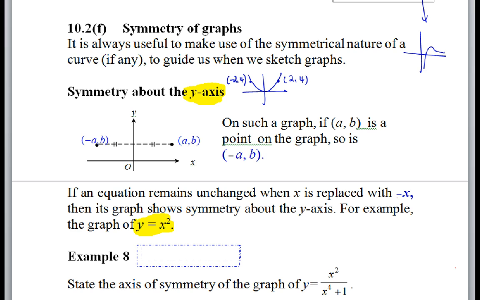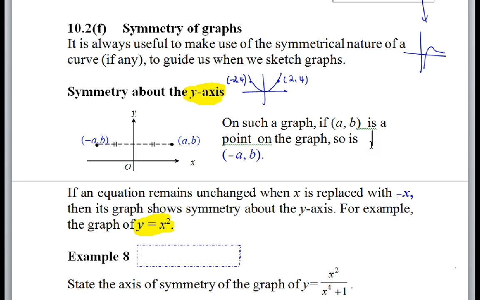Which means for one x coordinate, substitute a and you get one b. If you sub negative a, you will also get b. If that property is satisfied by a curve, then that curve must be symmetrical about the y-axis.